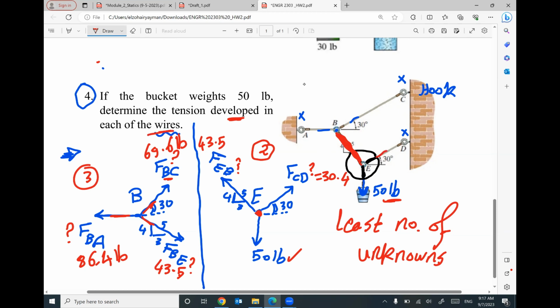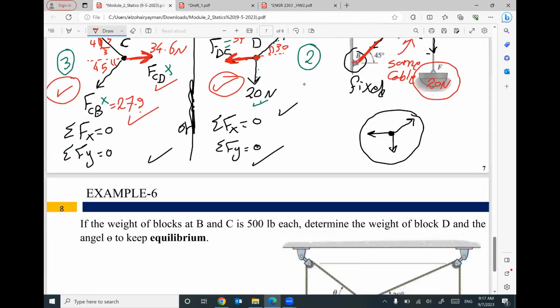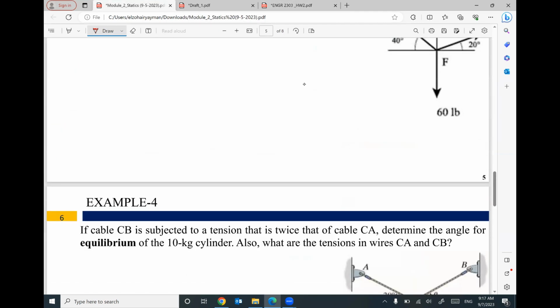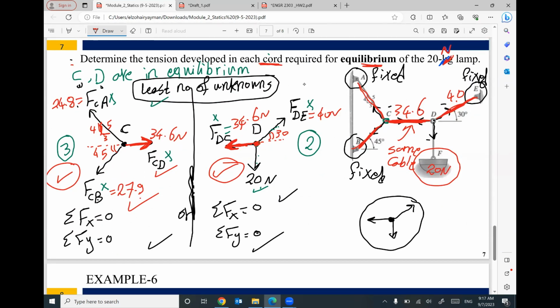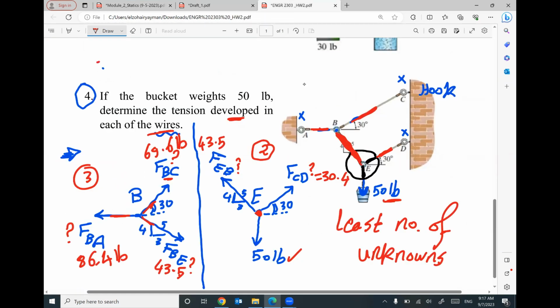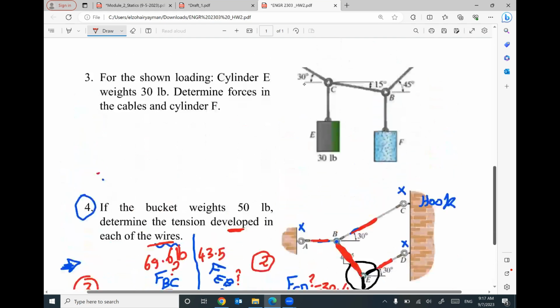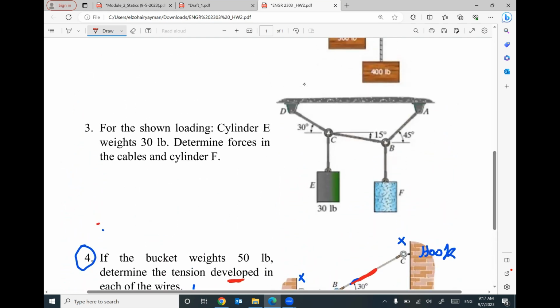This one, this one, this one, and this one. That makes sense? No difference between this force or this example and your homework problem. The same sequence. Also, there is no difference with this example.